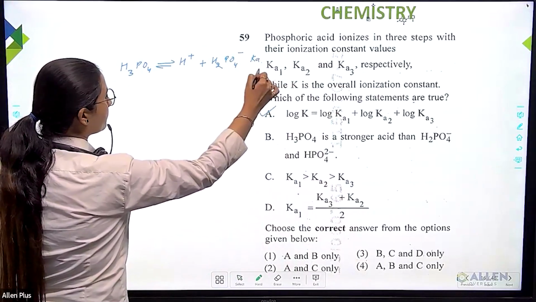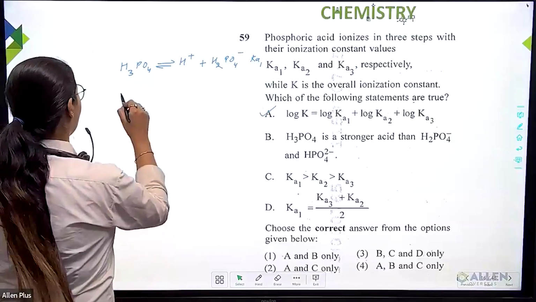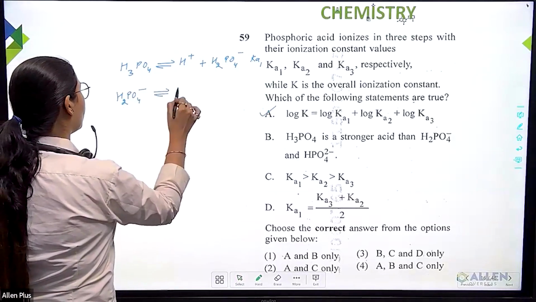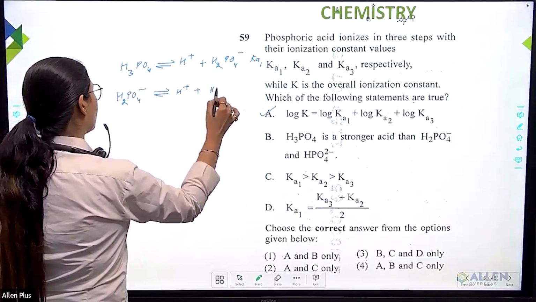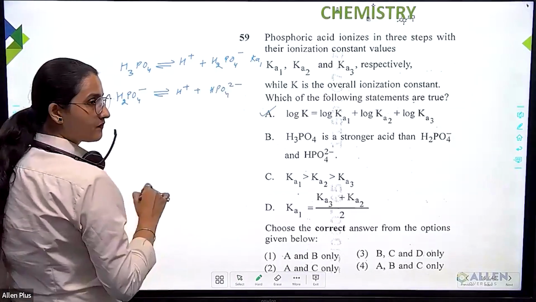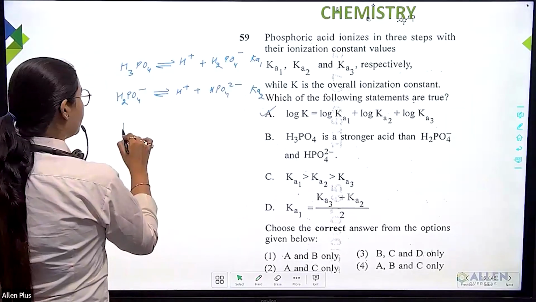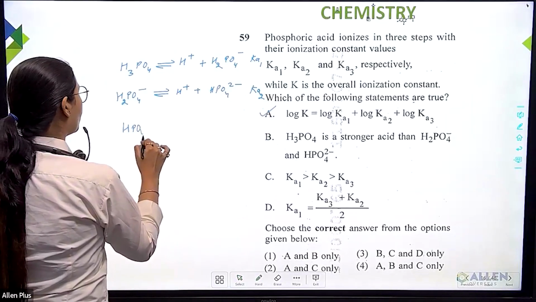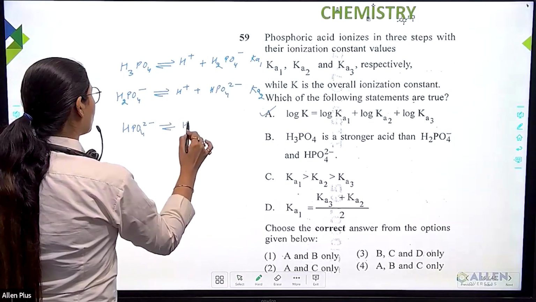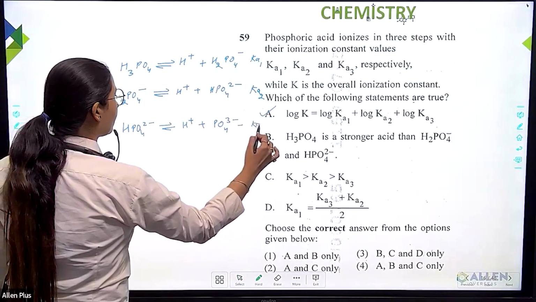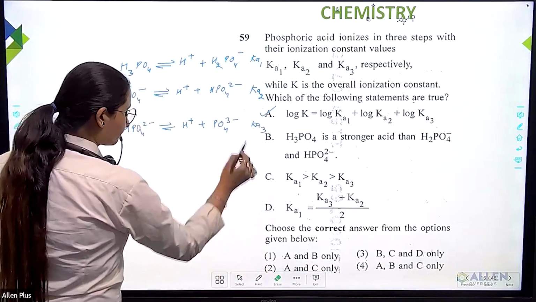Its dissociation constant is Ka1 first. Then H2PO4- giving you what? H+ plus HPO4 2-. This is having constant Ka2. Further, HPO4 2- giving H+ plus PO4 3-. This is what, students? Ka3.